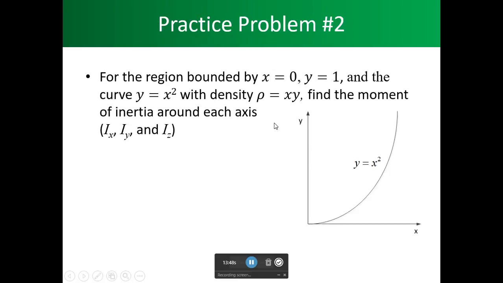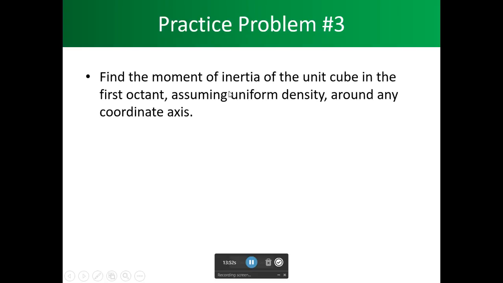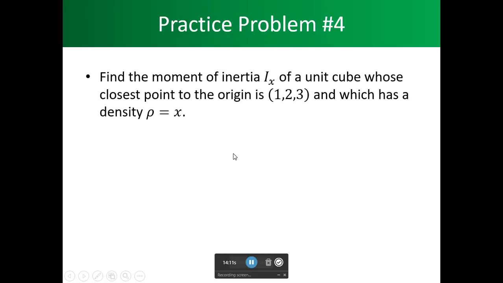Okay, here we're asking you to find it around the x, y, z, and then find the moment of inertia of the unit cube in the first octant, assuming uniform density across any coordinate axis.